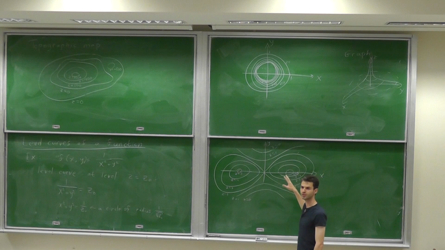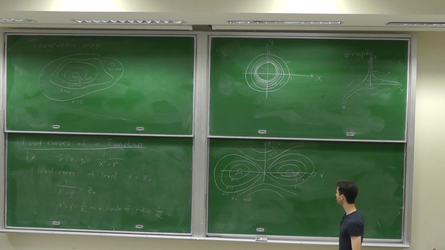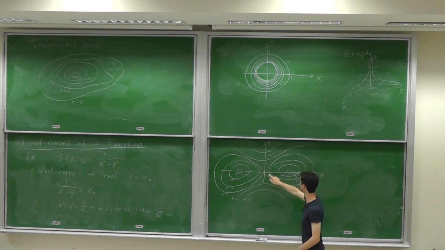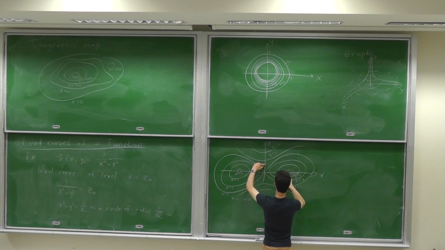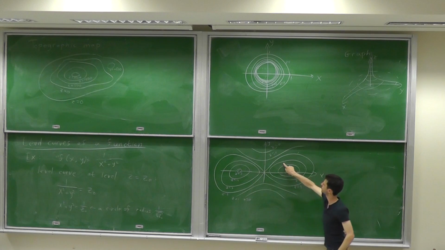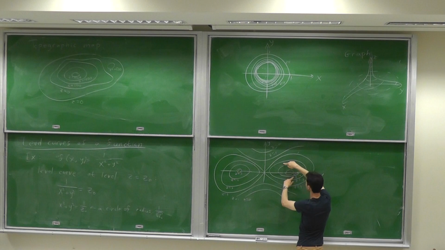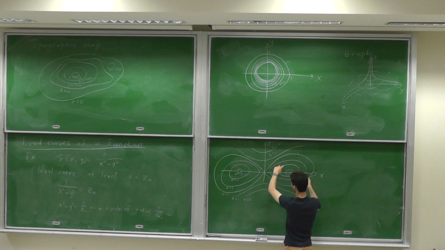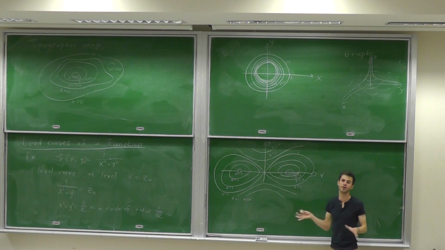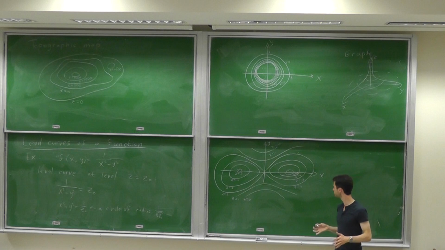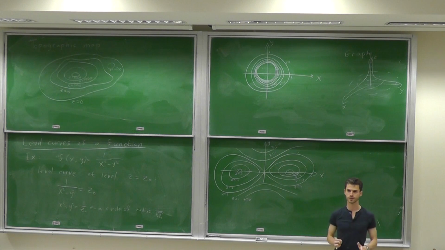Now, first of all, you can read off the value of your function if you want x equal to 4. This value and y equal to that value. The value of your function is the height at this point. What is it? Well, somewhere between 4 and 3. Somewhere between this level curve and that level curve. So the value of the function at this point is probably something like 3.5.